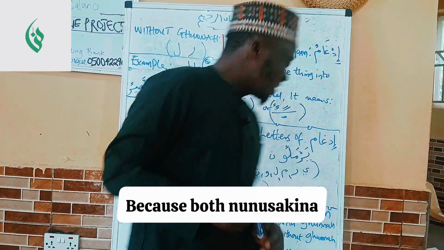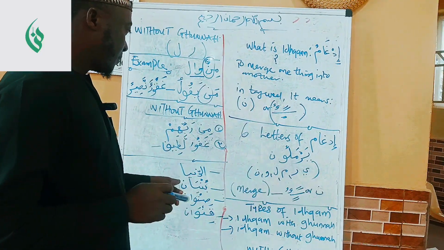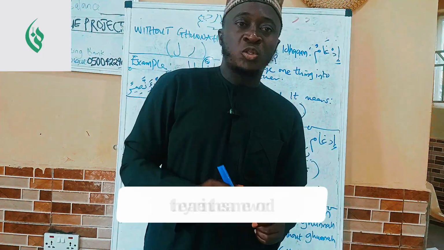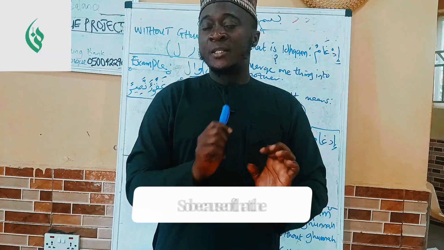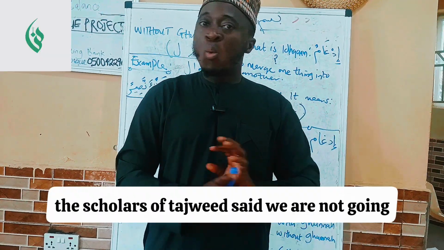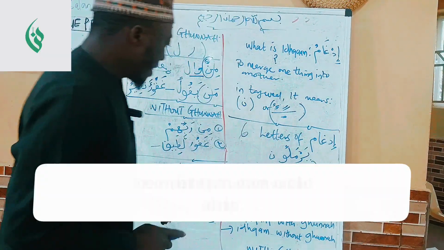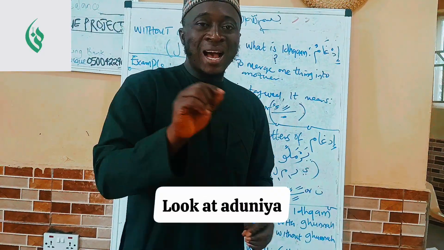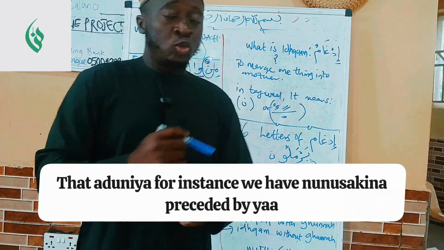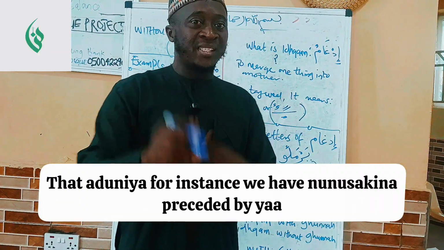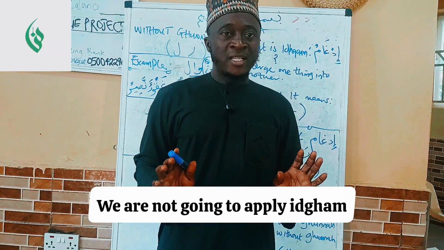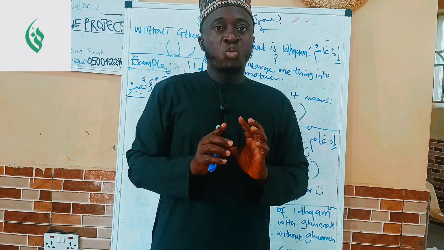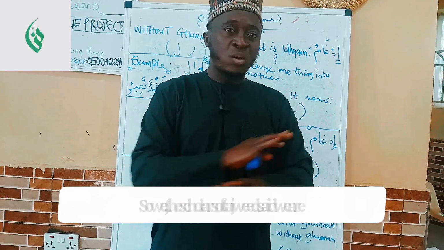Because both Nun Sakinah and the letter of Idghām are in the same word. So the scholars of Tajweed said we are not going to apply it. For example, we have a word called Ad-Dunya. We have Nun Sakinah followed by Ya, and we are not going to apply the idgham, because both are in the same word.